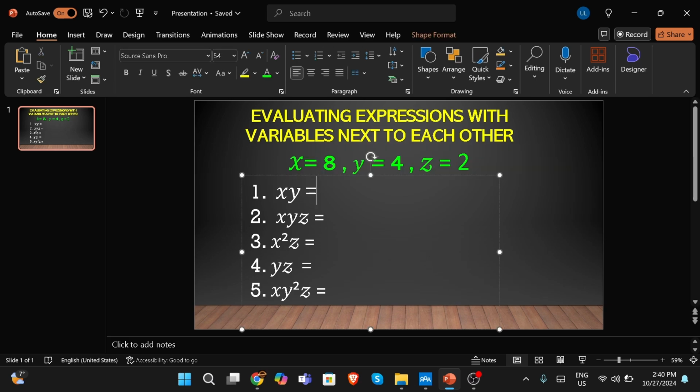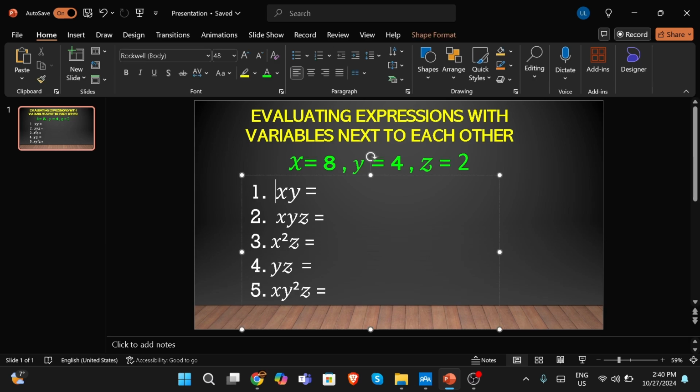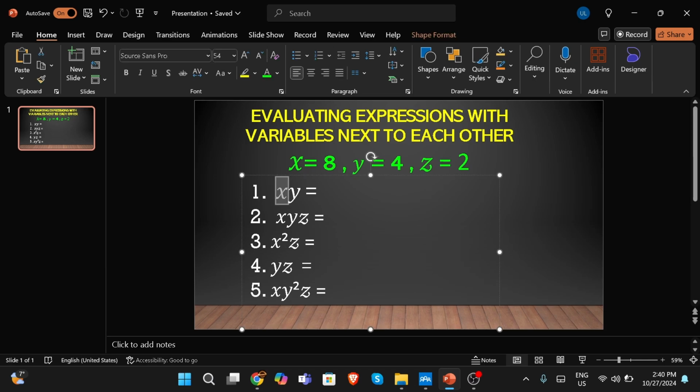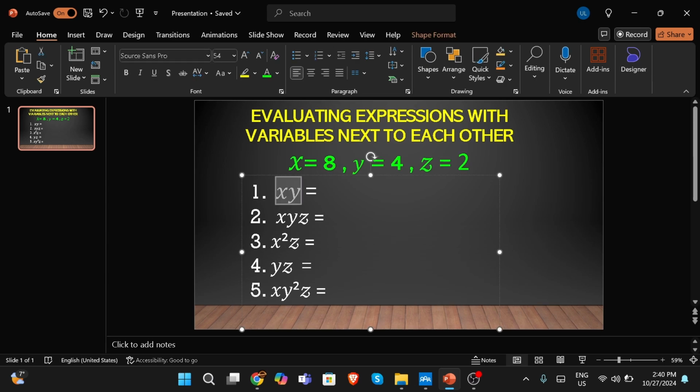XY. Do you remember my previous video, where I said that whenever there's a number next to a variable, or a variable next to a number, you should always multiply? This is kind of the same case, but a bit different. XY is a variable next to another variable, which means we also have to multiply.